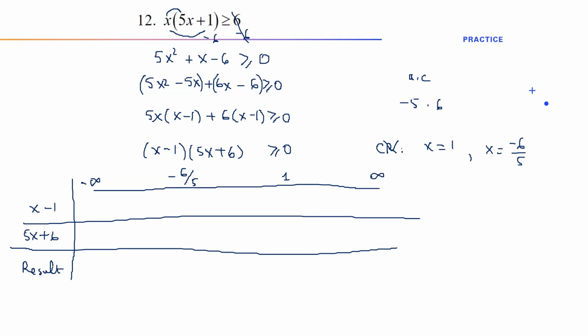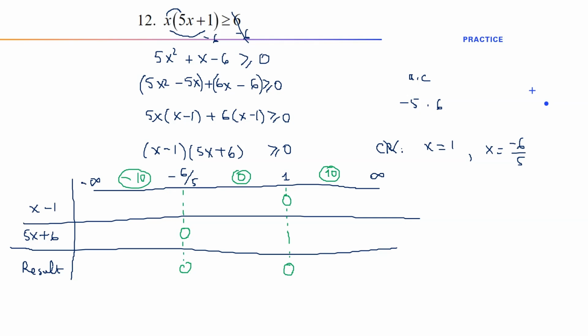Alright, now the test numbers. I will use negative 10, 0, and 10 here. Now at negative 6 over 5, this one equals 0, then this one equals 0. At 1, x equals 1, this one equals 0, and the result equals 0.